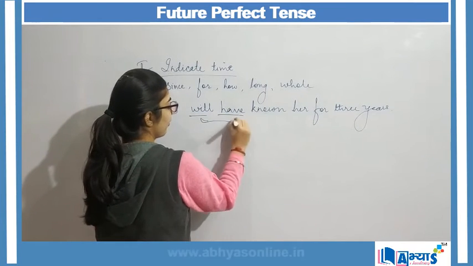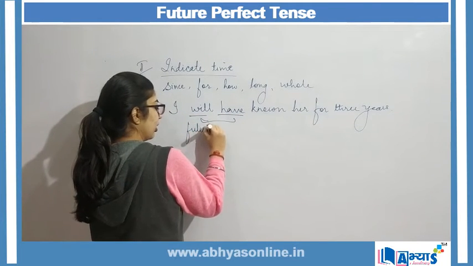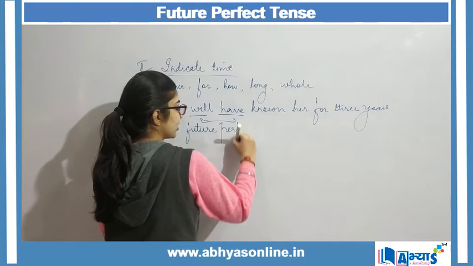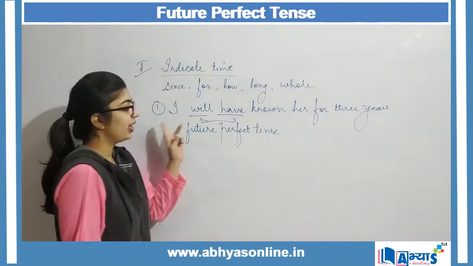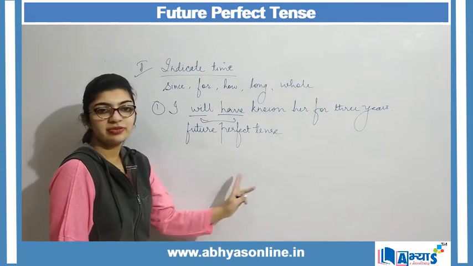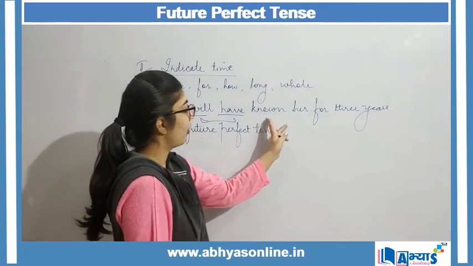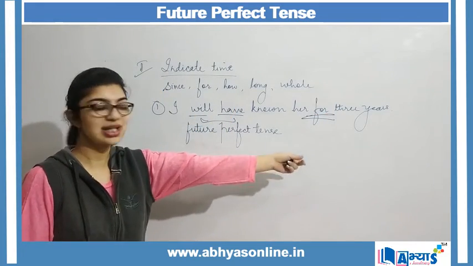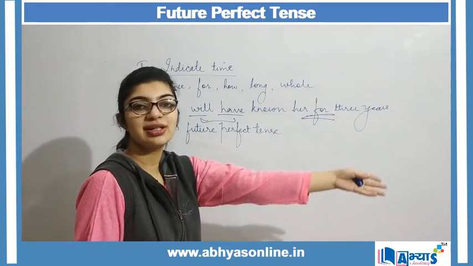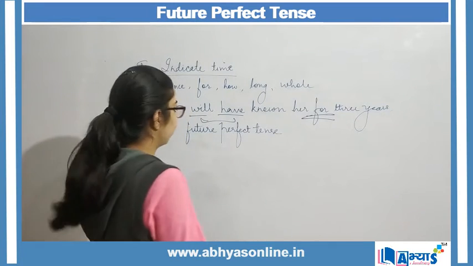Will plus have, I know that this is my future perfect tense. Right? Will have known her. Will plus have is my future perfect tense. For is again used to indicate the time. For how many years? 3 years. So that is indicating my time.